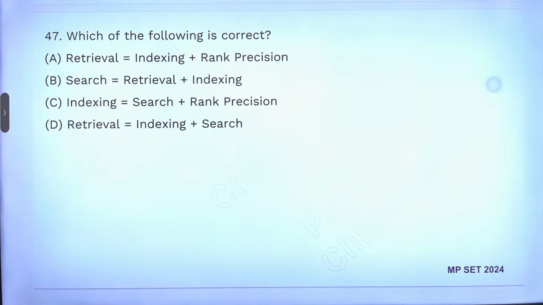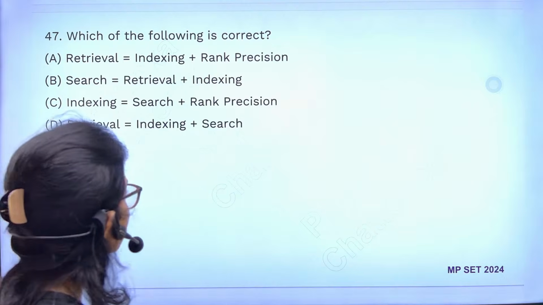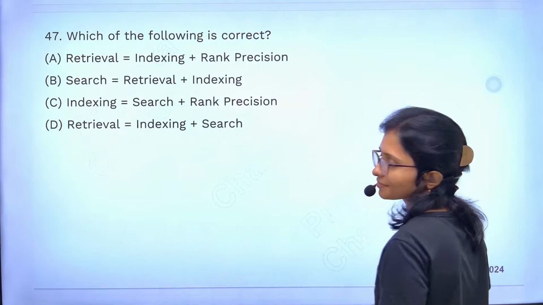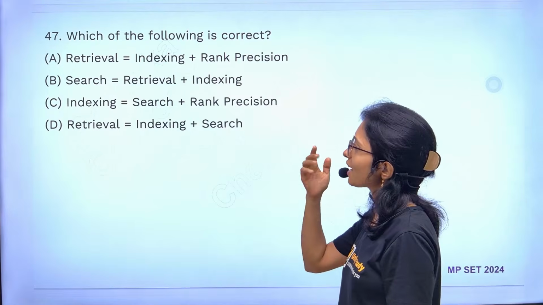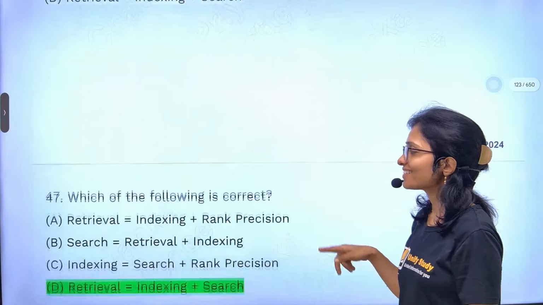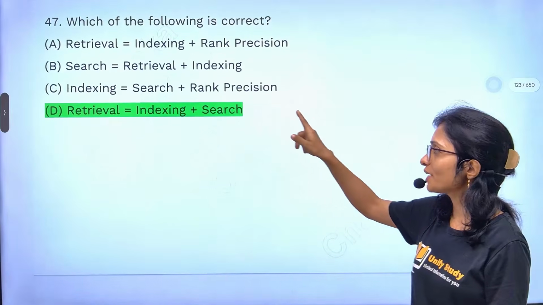Next, which of the following is correct here? They are just confusing you with the statement, right? Whenever you see that, what is this? Here it is just retrieval equals index plus search.